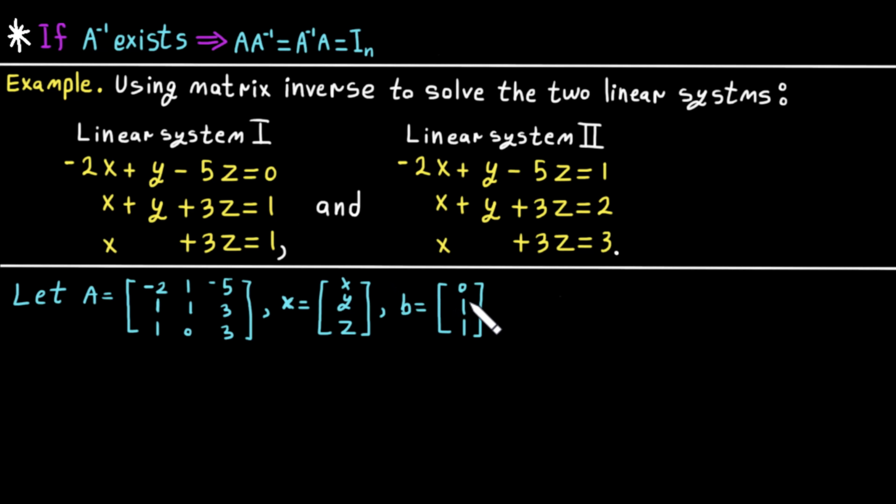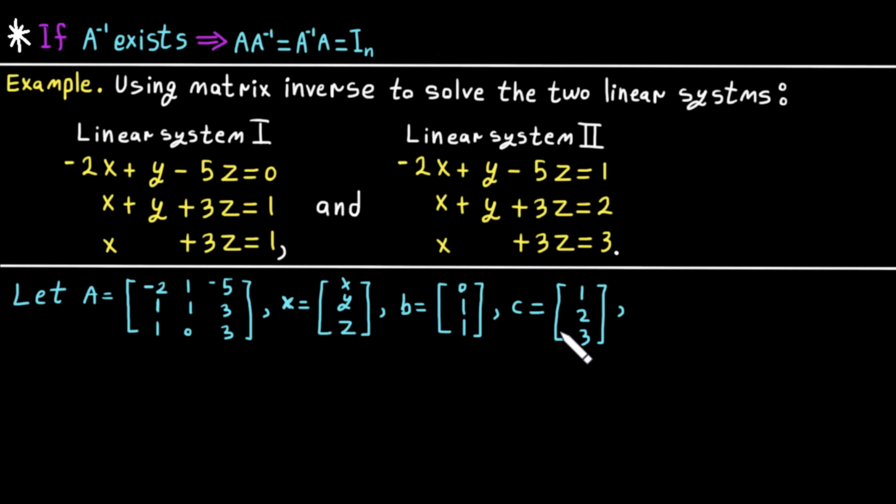I wrote it here. And c is the result vector for linear system 2: 1, 2, 3. They have the same coefficients: -2, 1, -5, 1, 1, 3, 1, 0, 3.